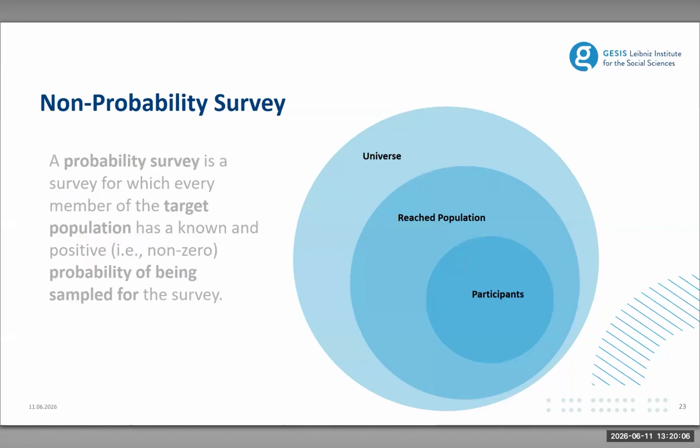And that's important if you remember the steps of the total survey error. And we don't have a clearly defined target population either. So we call it a universe here. So it's some group, some higher-order group, but we don't really know who we are talking about. So it's important to see that I didn't use the same terms here.